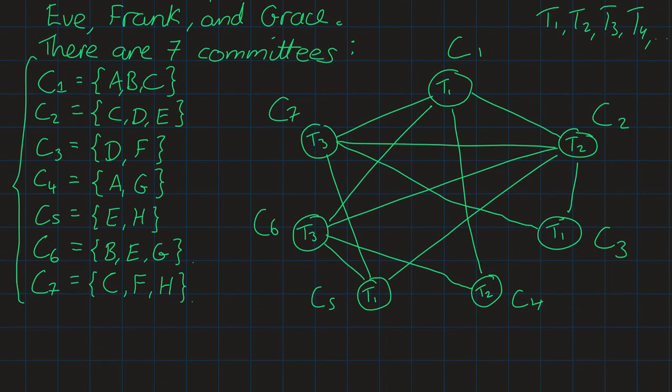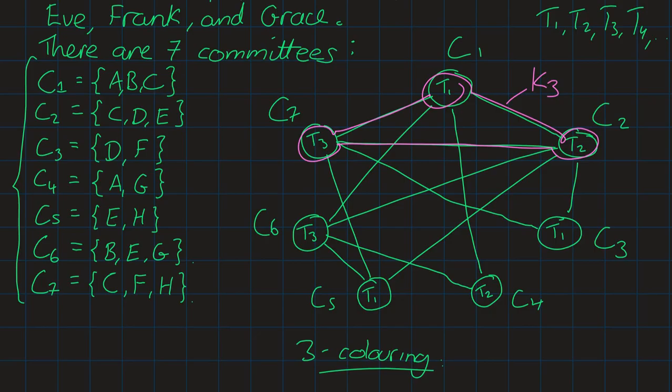So this is a 3 coloring. And is this the best I can do? Well, yeah, it's the best I can do because I can see this, which is a clique of size 3, which means that the chromatic number is at least 3. And I found a coloring with 3 colors, so that's the best I can do.